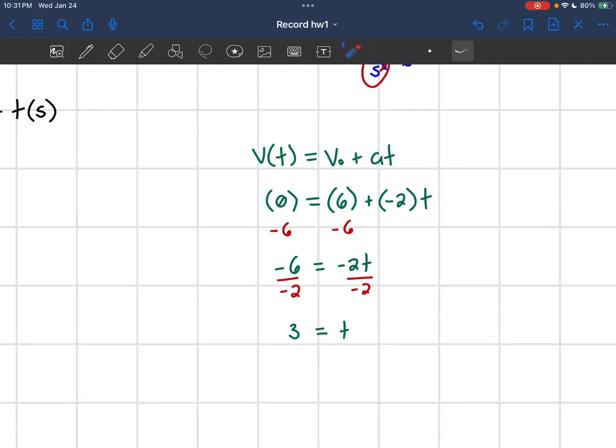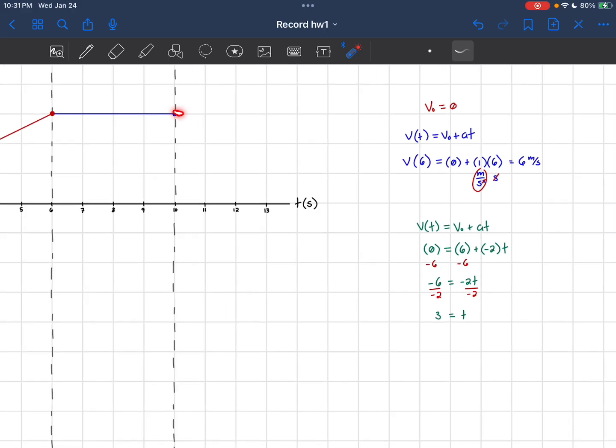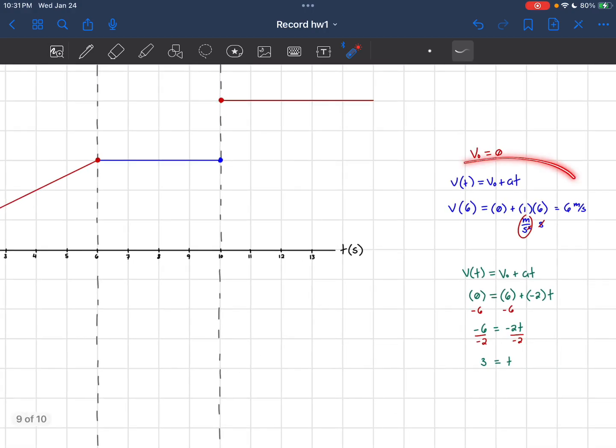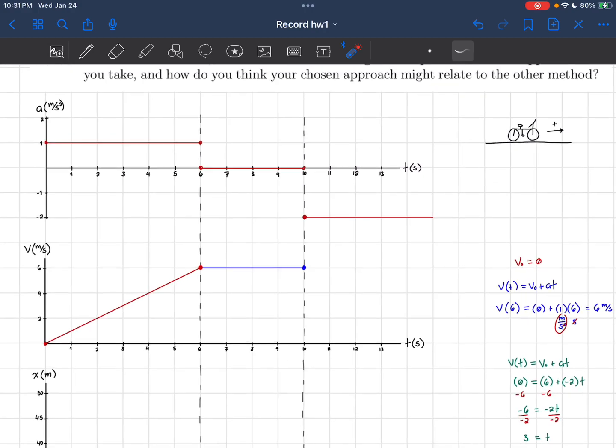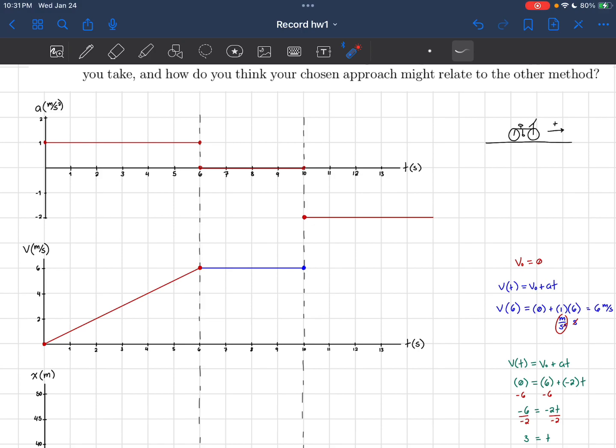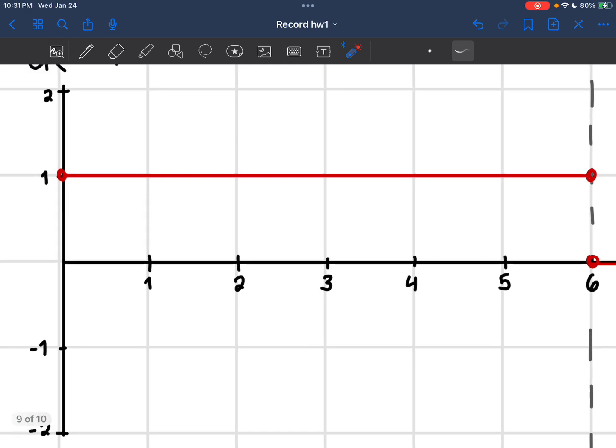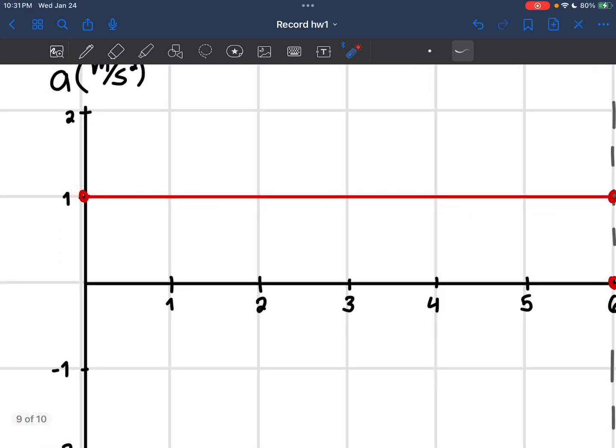Now, the reason I had to restart the problem and say my new initial velocity is here is because remember, these kinematic equations only apply when I have a constant acceleration. And through this whole stretch of time, my acceleration changes. But if I only zoom in and look at the first 6 seconds, there I have a constant acceleration.